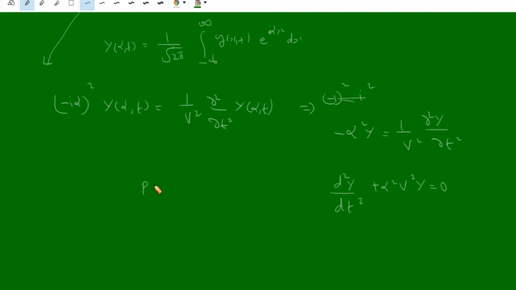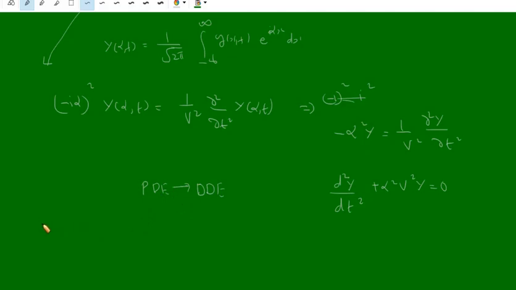So our partial differential equation is converted into an ordinary differential equation, an ODE. This equation is actually the linear oscillator equation, and this transformation from PDE to ODE is an achievement.